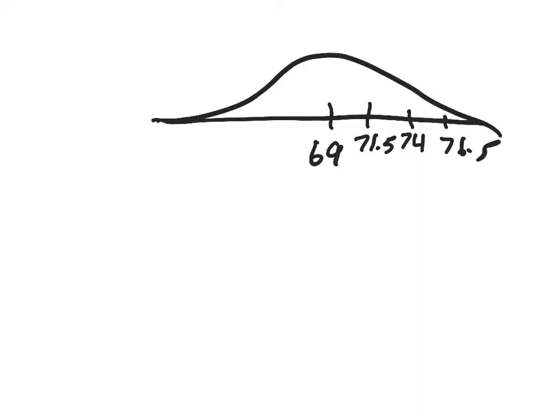Go the other way, take away 2.5, take away 2.5, one more time.